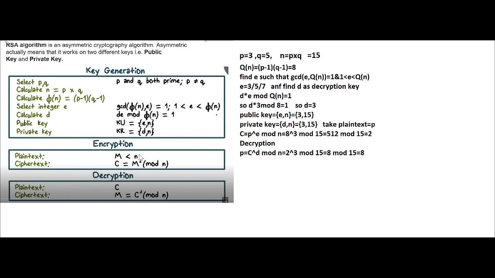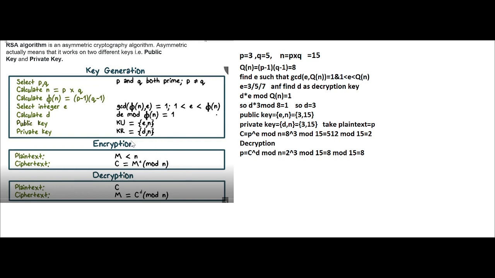Now the main motive is that we should encrypt the message. Suppose the message M, or plain text P, becomes converted into the ciphertext. How can I get the ciphertext? Ciphertext C equals M to the power E mod n.